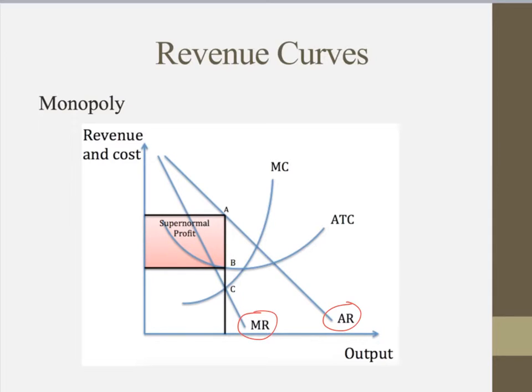Now if you'd like me to explain exactly using differential calculus why it's twice as steep, just comment below and I'll put up a video of that as well. But the key things to take from this video are the market structures, how the revenue curves are with MR equaling AR in perfect competition, and then also that in a monopoly the MR curve is twice as steep as the AR curve.